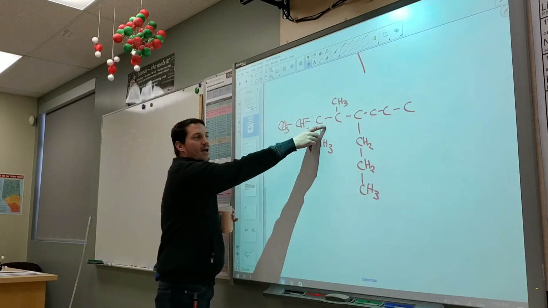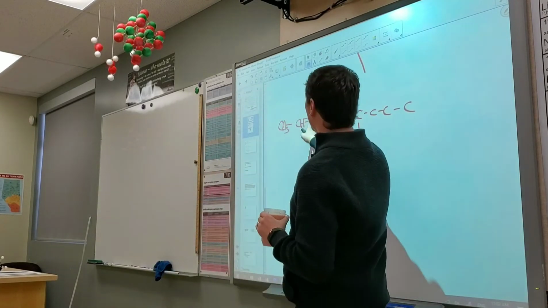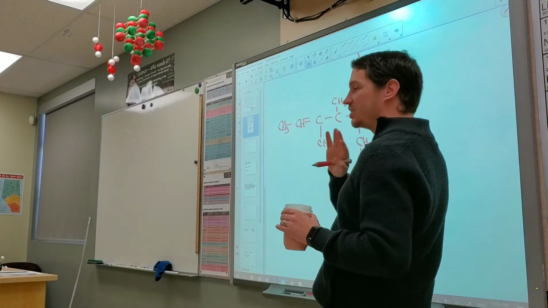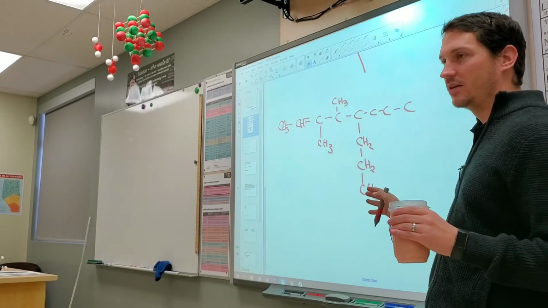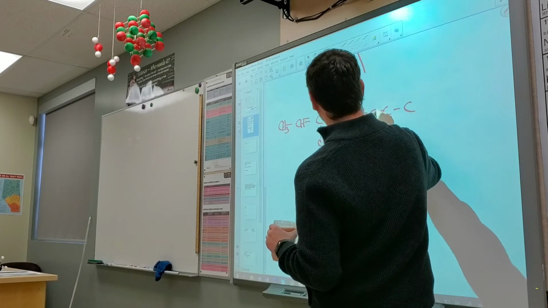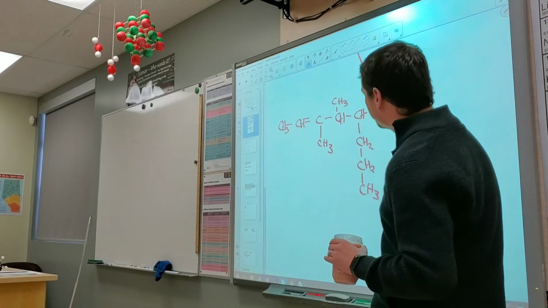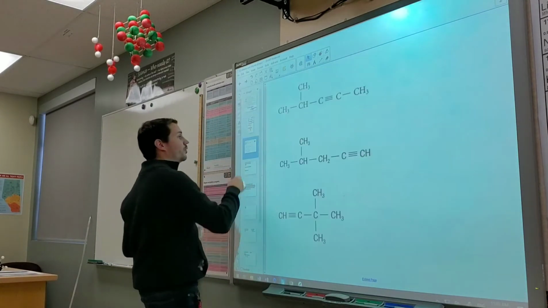How many does it have right now surrounded? It has 4, right? I see 1, 2, 3, 4 bonds going into this carbon. It's not allowed any hydrogens. Is that okay? So this one has 1. This one has 1, 2, 2, 3. Good. Hopefully that makes sense.